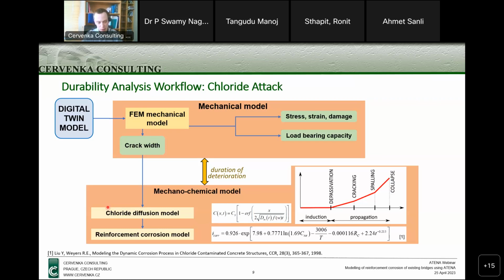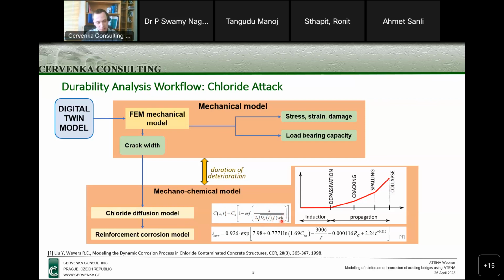This is simulated as a simple diffusion model, mainly governed by the chloride concentration at the surface, the diffusion coefficient for the chloride, which is in this case a time-dependent material property, which accounts for the diffusion and also for the binding of the chlorides to the concrete, and it's accelerated in the presence of mechanical cracks.